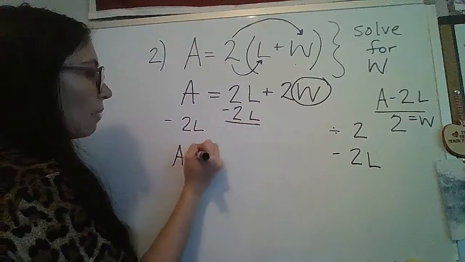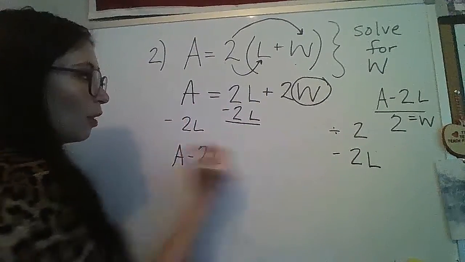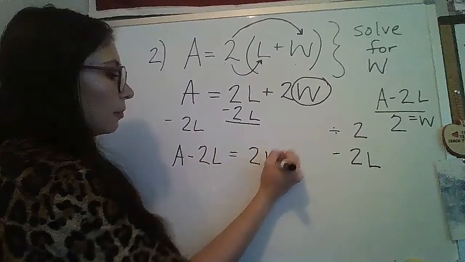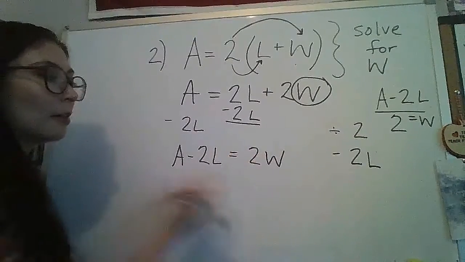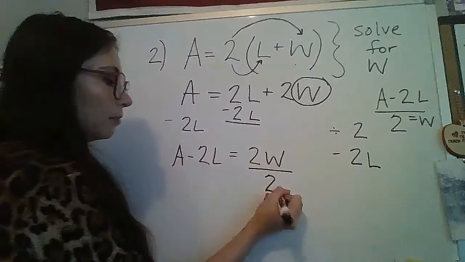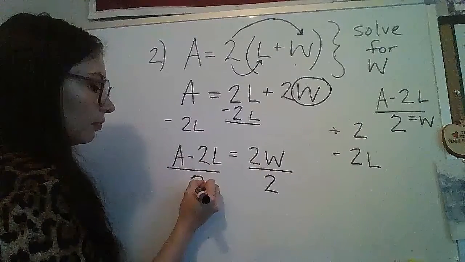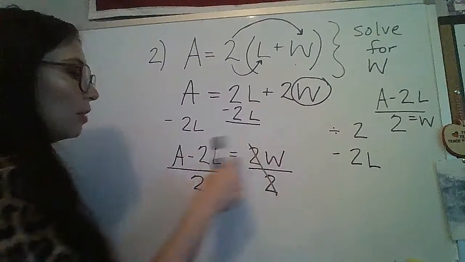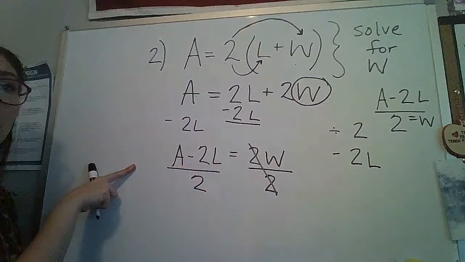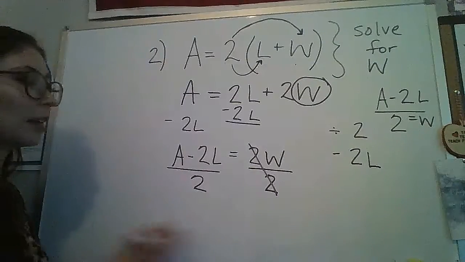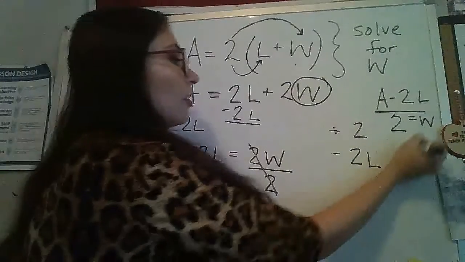I get A minus 2L equals 2W. And then I'm going to divide by 2. And I get W equals A minus 2L over 2. The same answer that I got using the previous method.